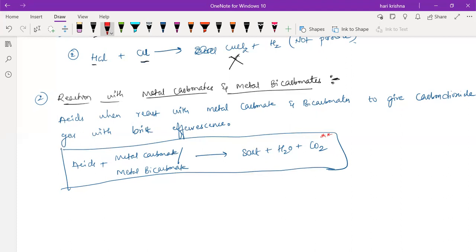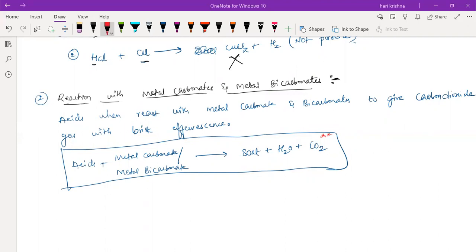So what is meant by brisk effervescence? It is similar to some fumes. Okay, sir. It means if you take other gases, they will evolve very slowly. But when you take the CO2 gas from this reaction, the gas will evolve immediately with a vigorous nature.